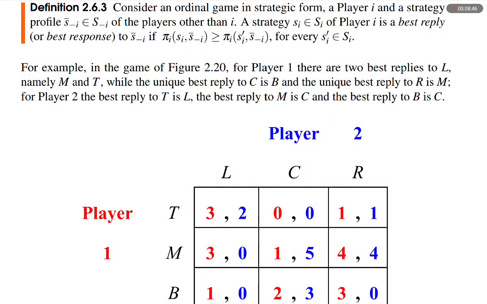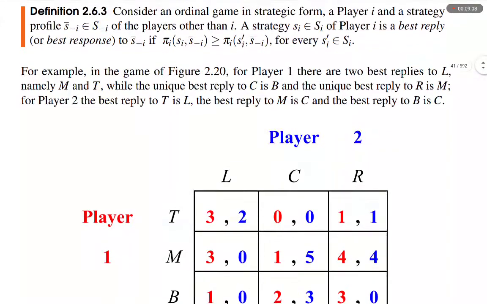Definition 2.6.3. Consider an ordinal game in strategic form, a player i, and a strategy profile s̄_{-i}, an element of S_{-i}, of the players other than i.